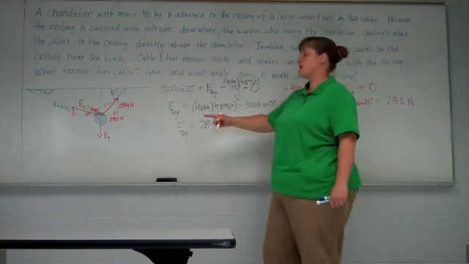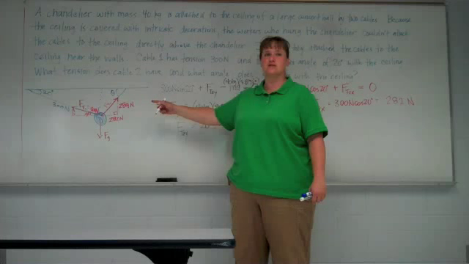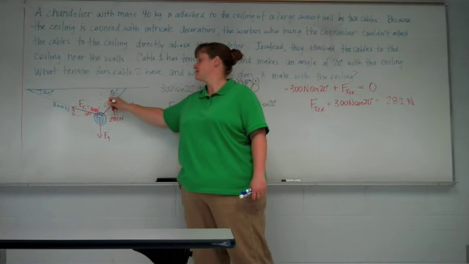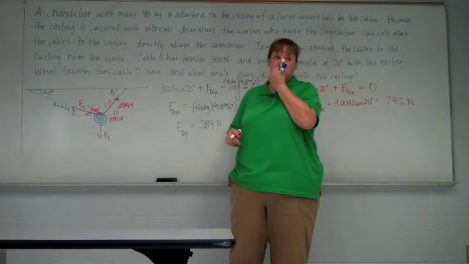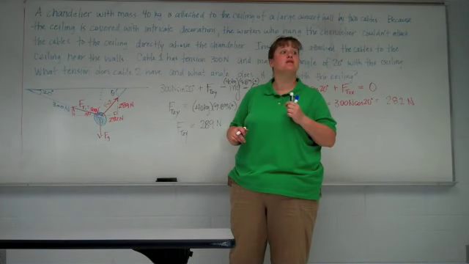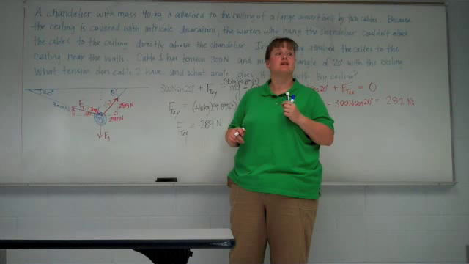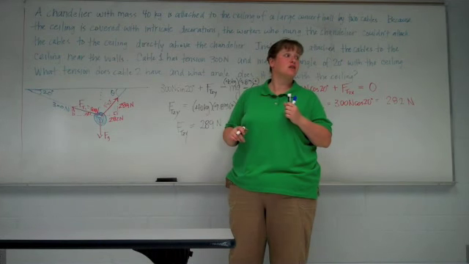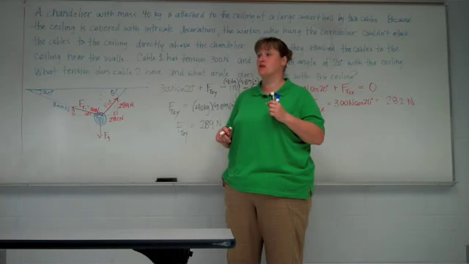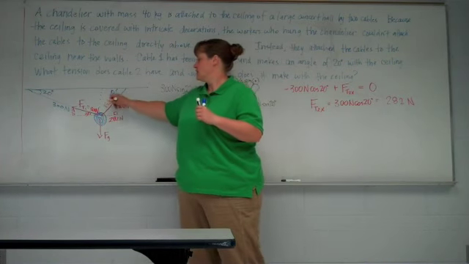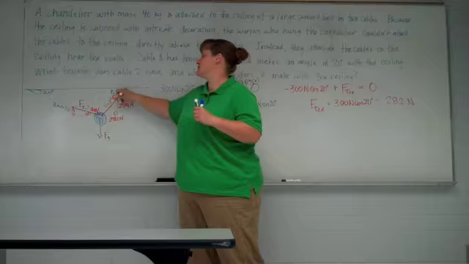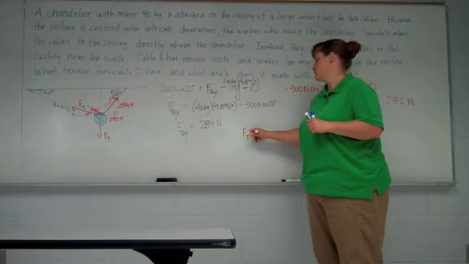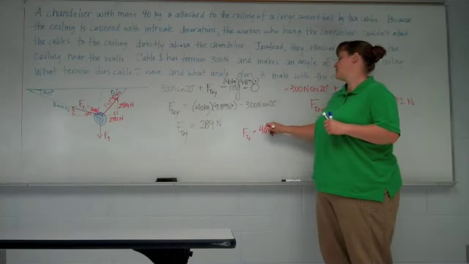So 282 squared plus 289 squared, square rooted. I didn't hear what you said, so 403.8, so 404? 404 newtons. So the force of tension 2 is 404 newtons.